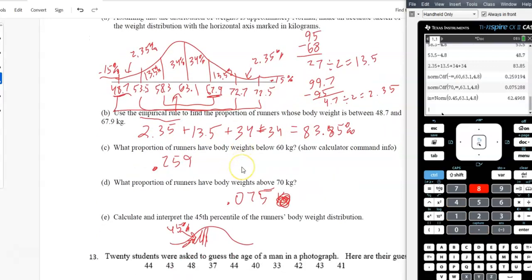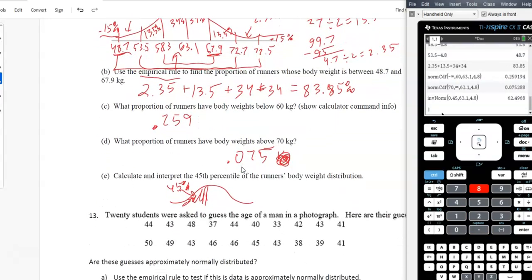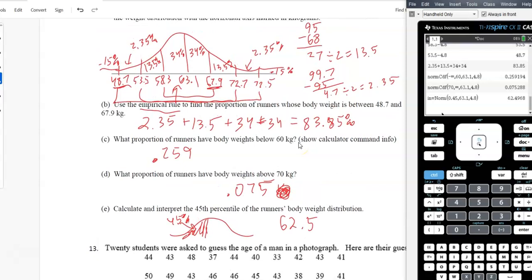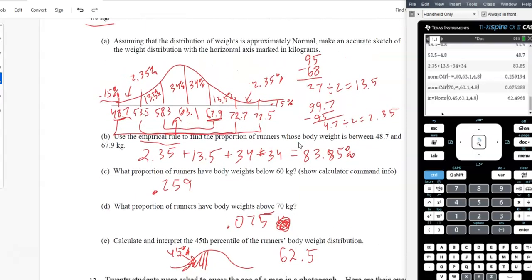We get 62.49, or about 62.5. Interpret the 45th. So the person who weighs 62.5 kilograms is heavier than 45% of the runners that were in this race.